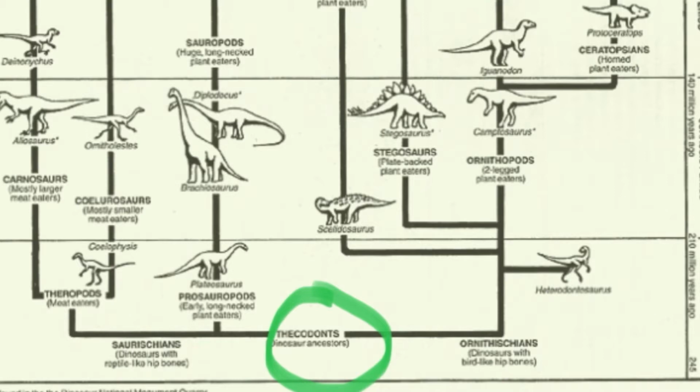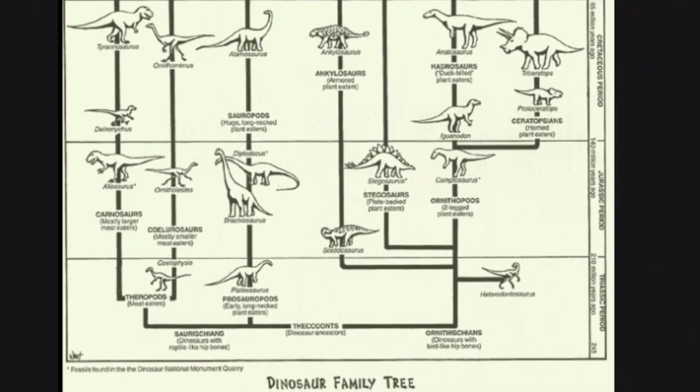So basically all theropods and sauropods can be traced back to the Euparkeria, and then all of the dinosaurs were connected.